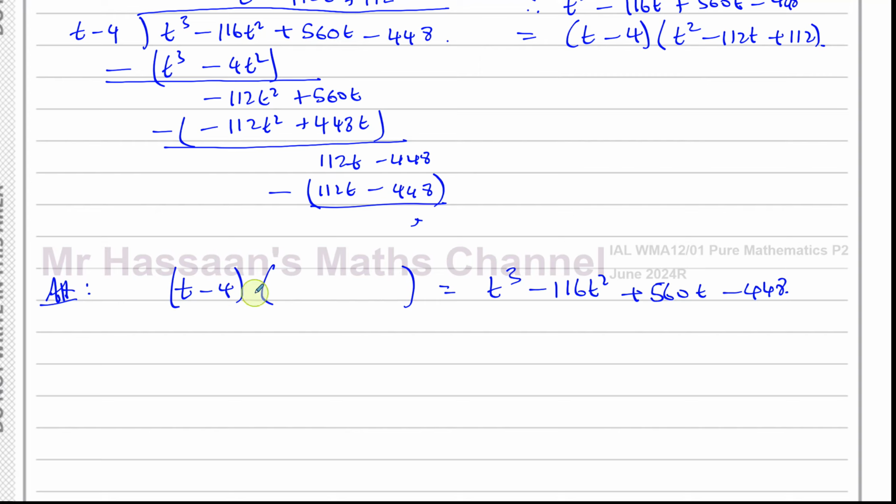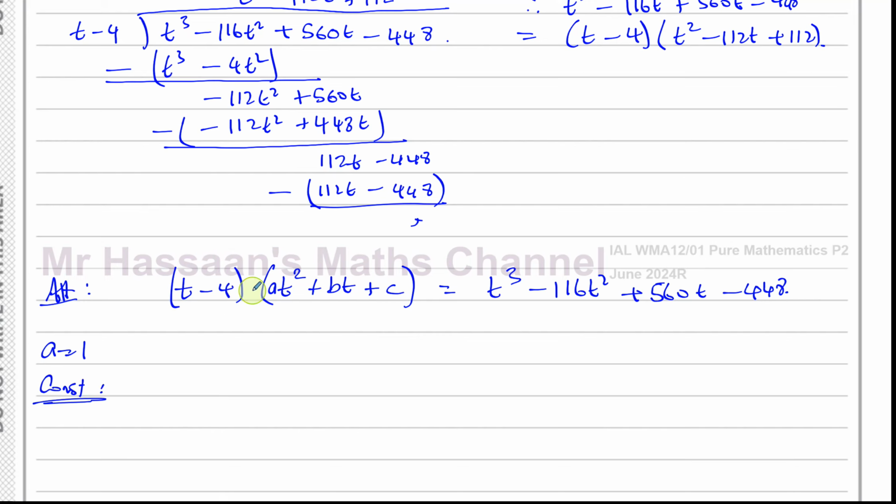This something is a quadratic, because a linear times a quadratic gives us a cubic. So it's at squared plus bt plus c. We can see that a is 1 for sure, because we have to end up with t cubed, just comparing the coefficients of t cubed. Now let's compare the constants.